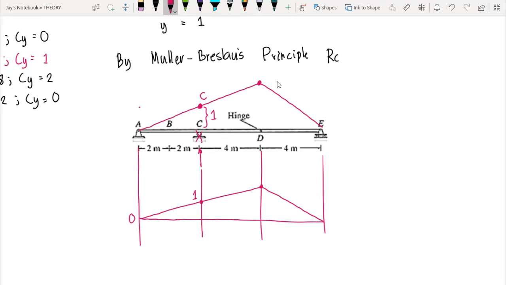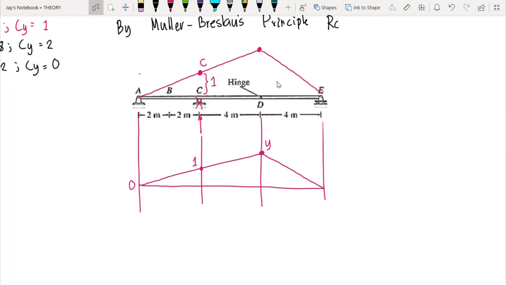And then at point D, we do not have the value yet at this point, but we can solve that by using ratio and proportion. We know that this is 1, and the distance from C to A is 4, and the distance from D to A is 8 meters, correct? So by ratio and proportion, we have y is to 8 equals to 1 is to 4, and this gives us y is equal to 2.